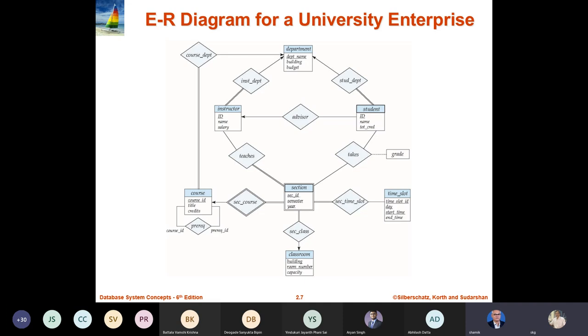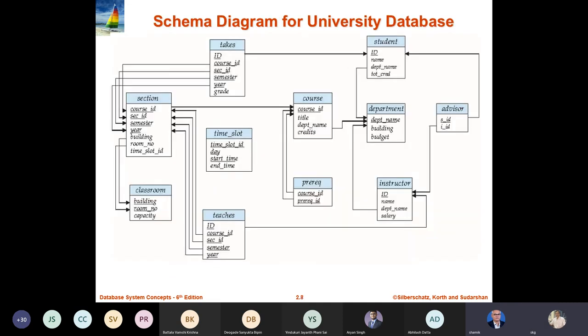And some of the relations have attributes of their own. If we try to represent this in schema form, it is a database schema.